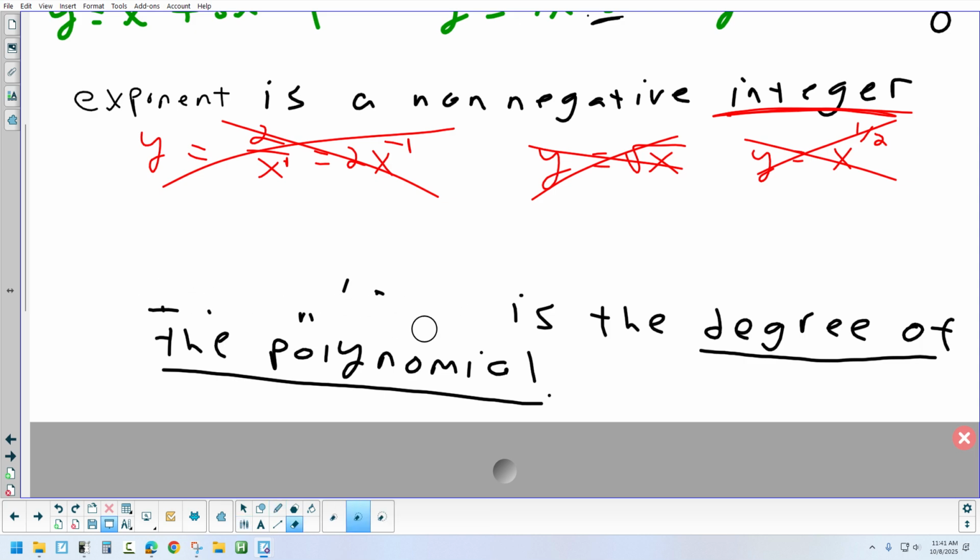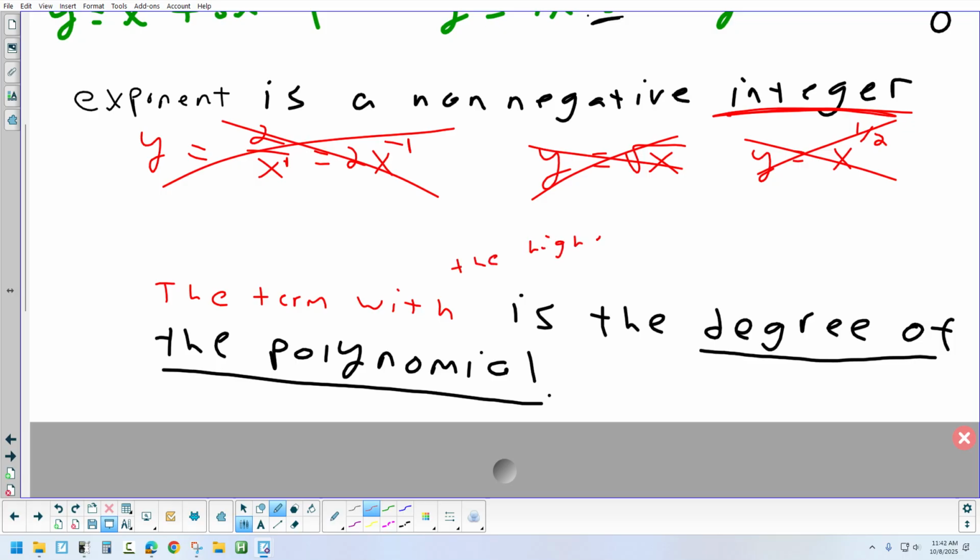So let's just reword this. The term with the highest exponent is the degree of the polynomial.